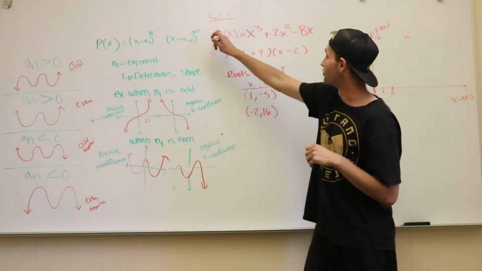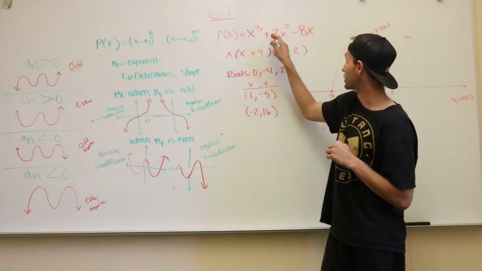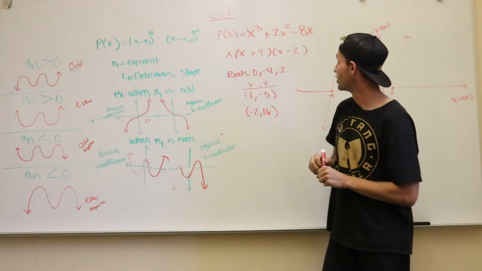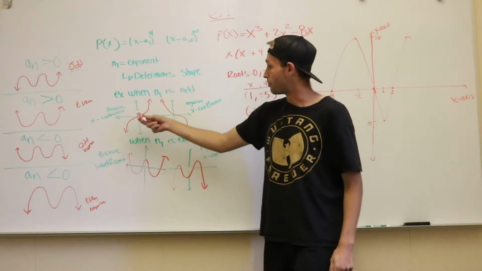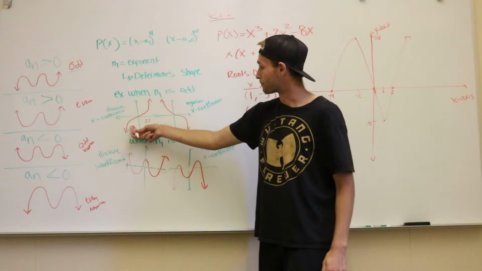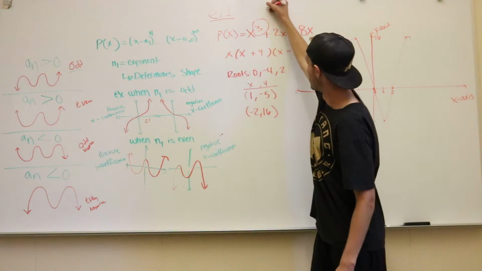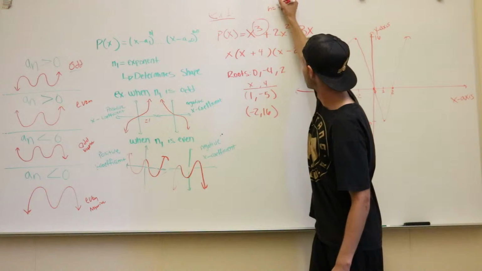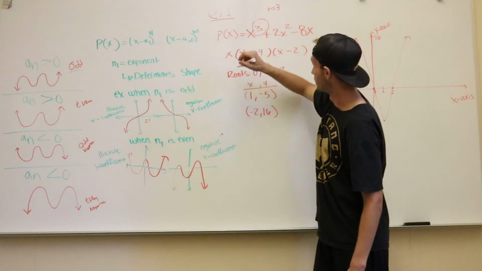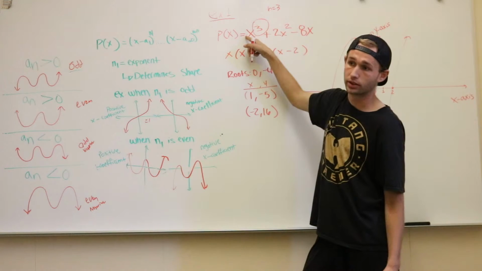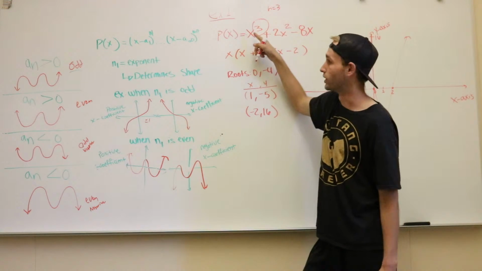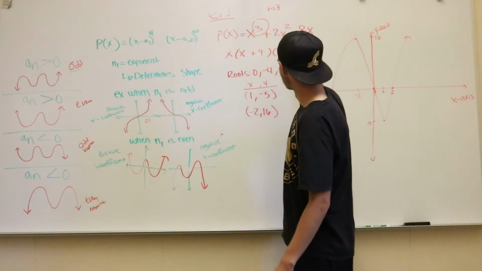So example 1, you have p of x equals x to the third plus 2x squared minus 8x. So we can tell it's going to be a positive odd graph because the n value is odd. So n equals 3, and obviously there's no coefficient there, so it's 1, so it's positive.